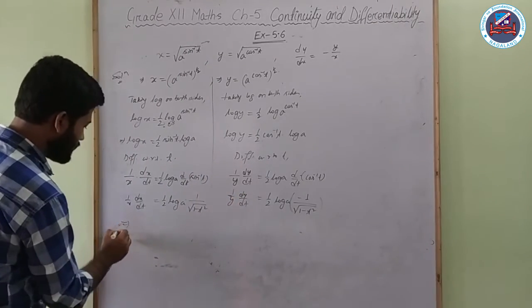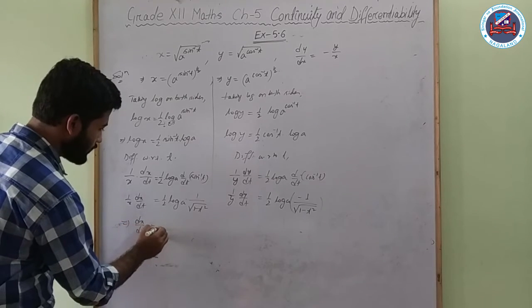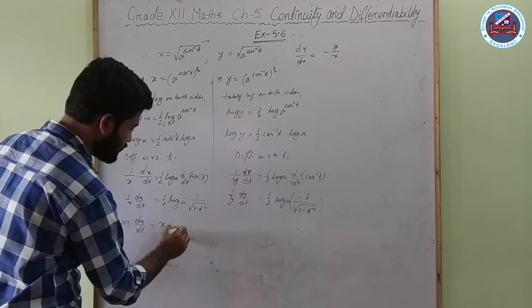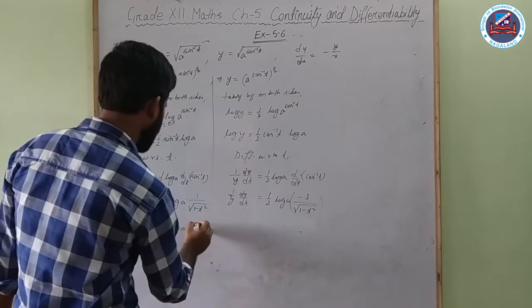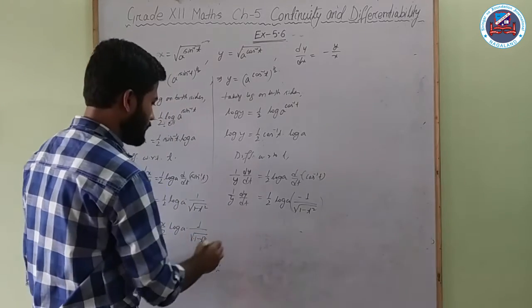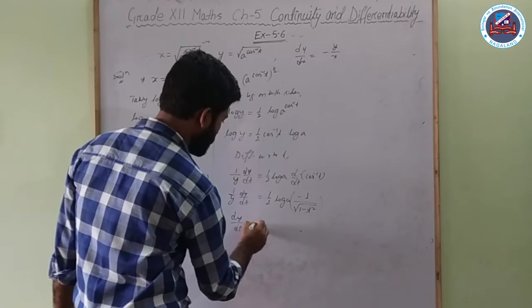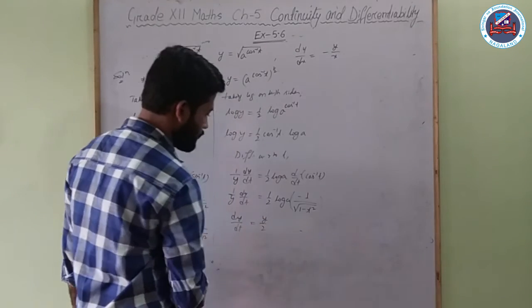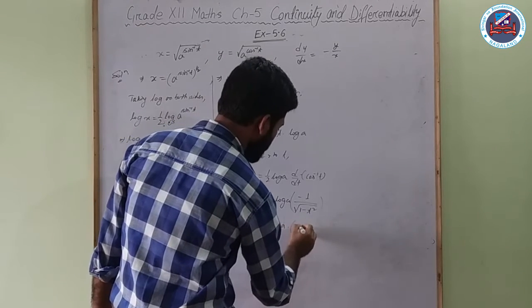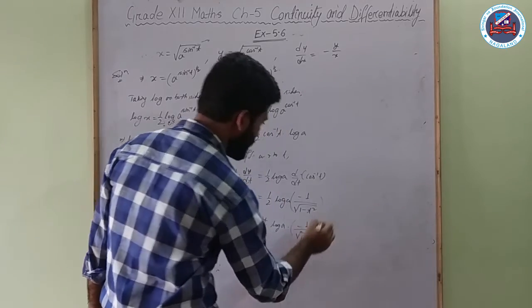Now take the x to the right hand side, so we shall have dx by dt equal to x by 2 log a multiplied by 1 by root over 1 minus t square, and dy by dt is equal to, taking y up there, y by 2 log a multiplied by minus 1 by root over 1 minus t square.